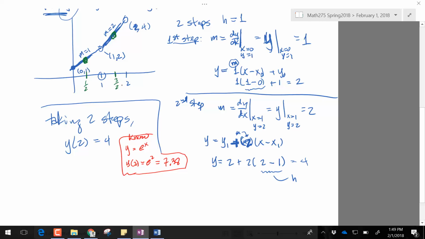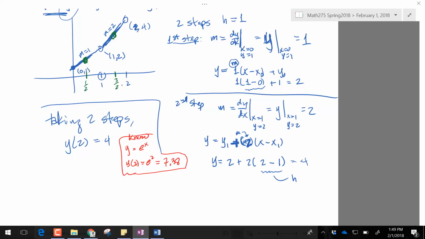So if we break it up into small pieces, does that sound familiar? Like your integrals? If we have a smaller subinterval, then we get a better approximation for the area under the curve. So that's the same thing.